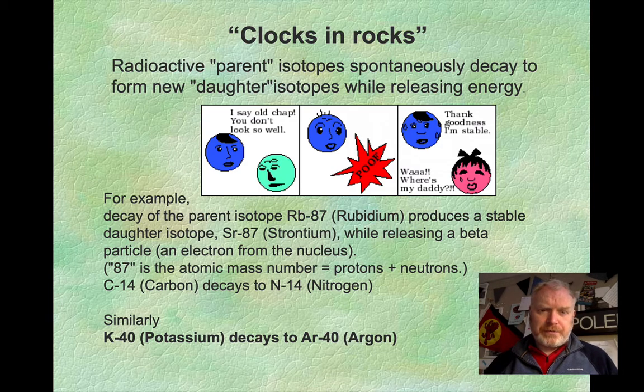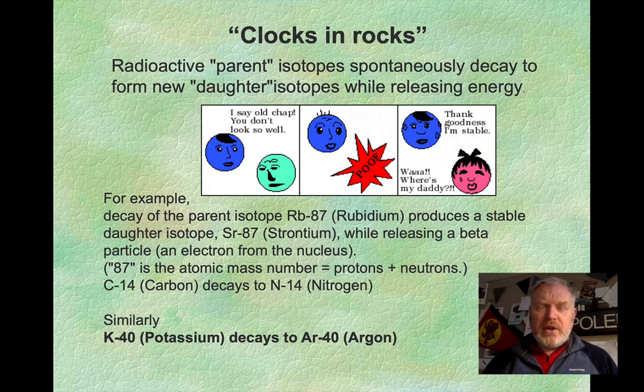So for example, rubidium-87 is radioactive. When it decays, it produces an isotope called strontium-87, which is a stable one. So if we can establish the ratio of rubidium to strontium within a rock, we can establish how long that process has been going on for.